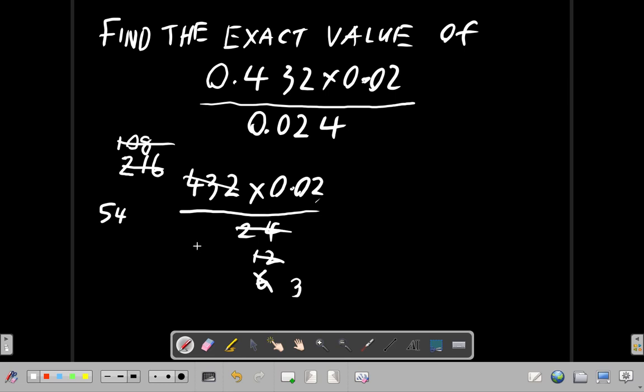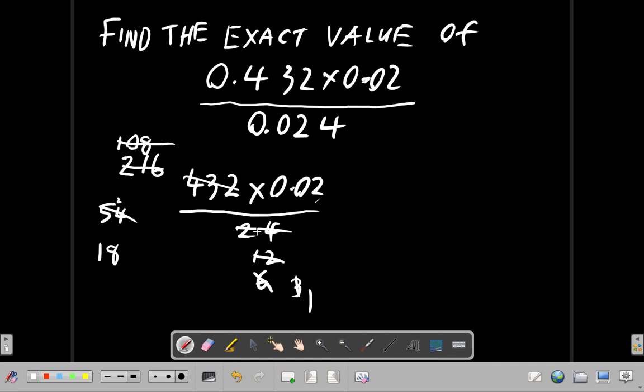Now, can we divide 3 into 54? 3 into 3 is 1. 3 into 5 is 1 time, remainder 2. 3 into 24 is 8. So we kept dividing by 2, but you could have divided by 4 if you wanted, or if you remember that 24 goes into 432 18 times, you could do that.